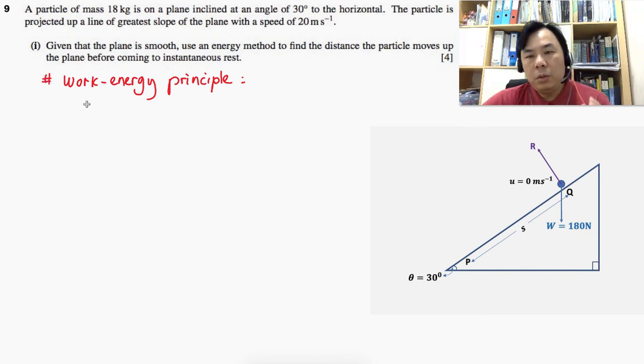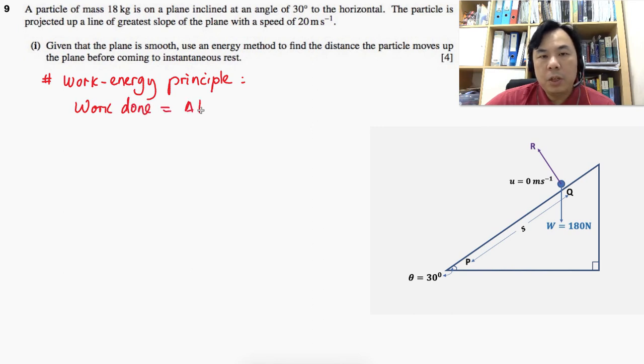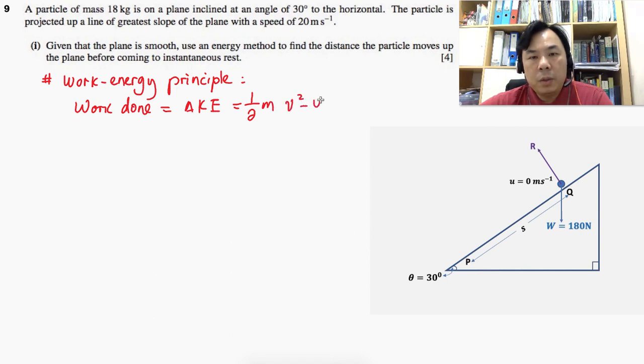We can also use the second method later on. So using the first method, work energy principle, we know that work done must be equal to the change in kinetic energy, right? So the change in kinetic energy is actually given by half m, v squared minus u squared, the final speed subtract off the initial speed.